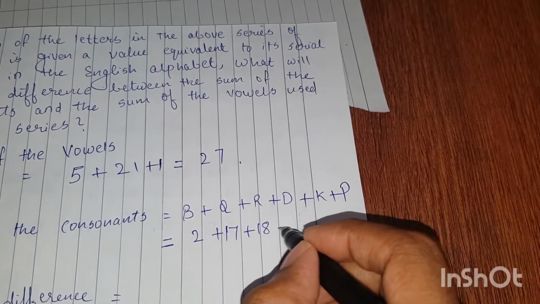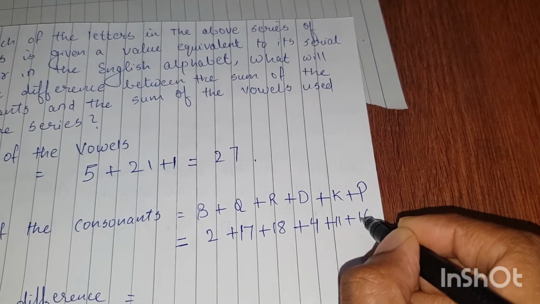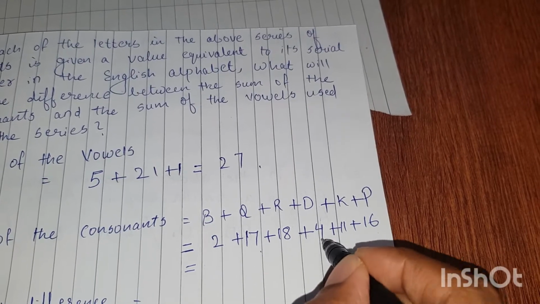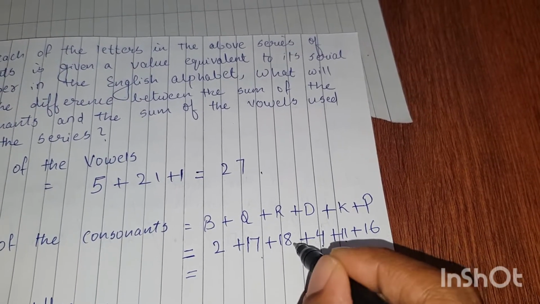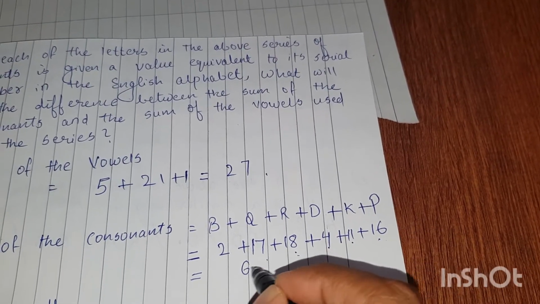Then D is the 4th letter, K is the 11th letter, and P is the 16th letter. So the answer is 17 plus 2, 19, plus 18, 37, plus 4, 41, plus 11, 52, plus 16, 68.